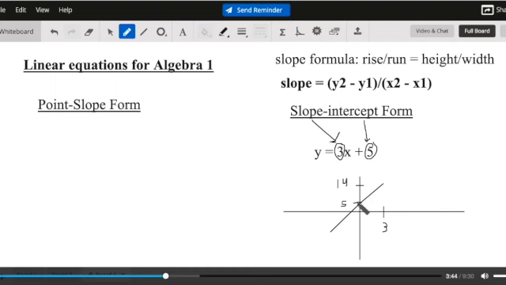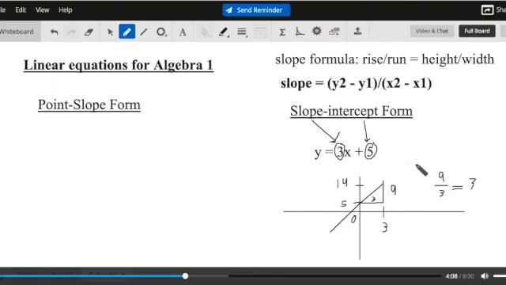Okay, let's try that. So we draw this. I've increased from 5 to 14, that's 9 in height. And my width has gone from 0 to 3, so 3 is the width of this triangle. Therefore, my slope will be 9 divided by 3 equals 3.